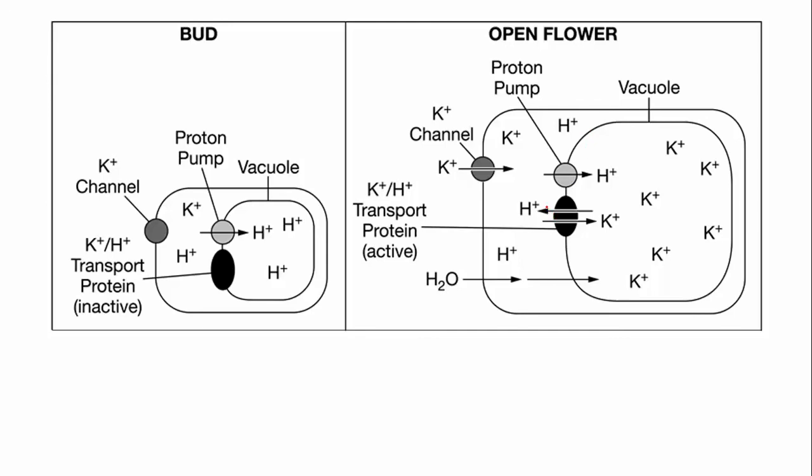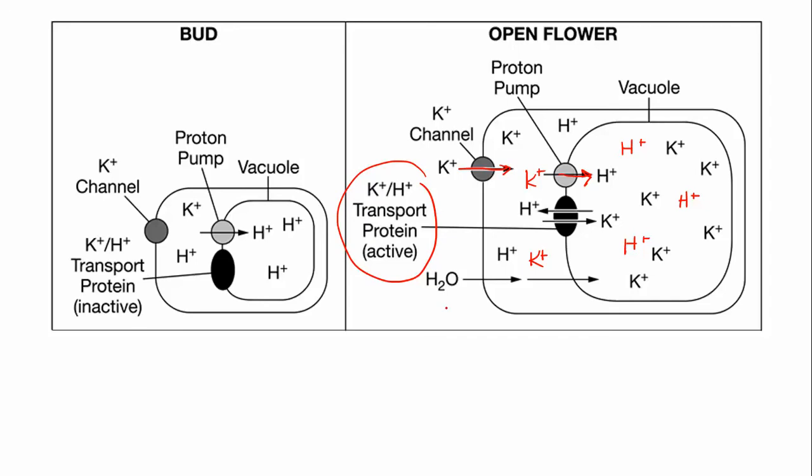So in the open flower, you have a potassium channel letting potassium in, and it's increasing your concentration of potassium. So it's building up potassium in here. All right. Then you have a proton pump, which is actively moving hydrogen into this vacuole. And then you have a transport protein.